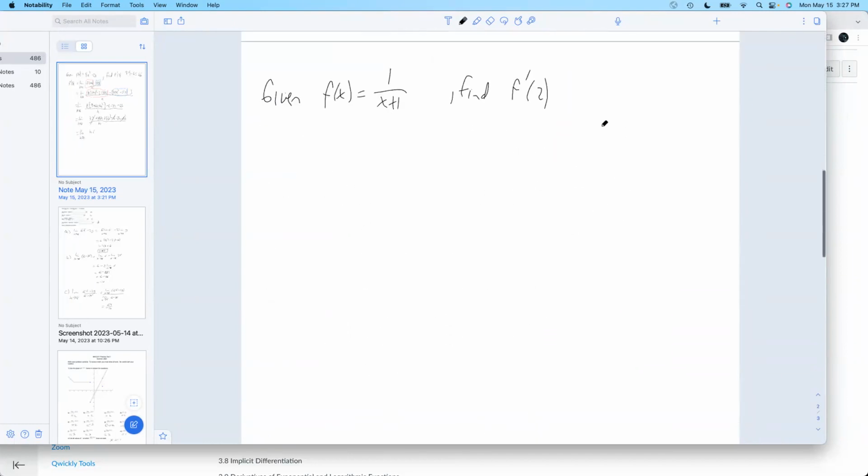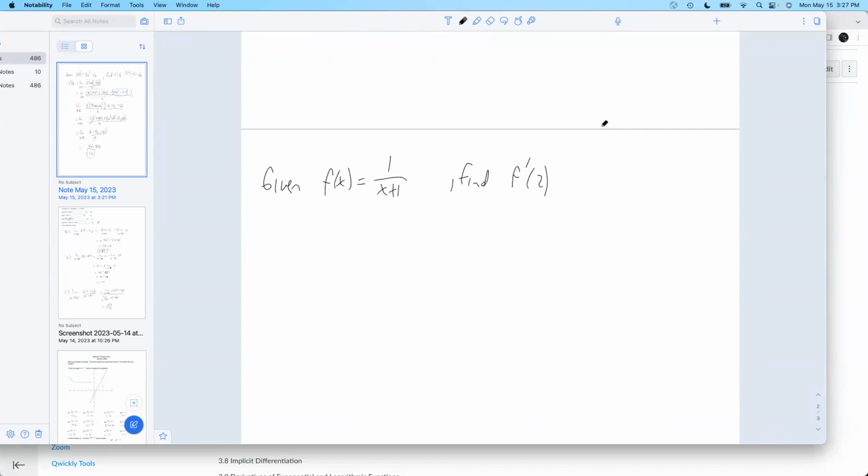Okay, let's try another one. This one's going to get a little messier algebraically. We're going to have to really play around with some algebra here.